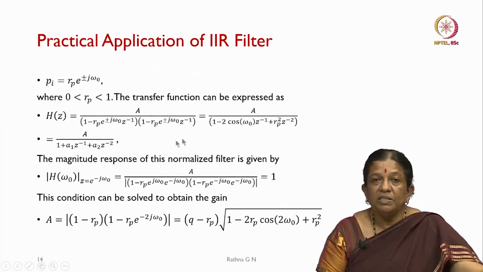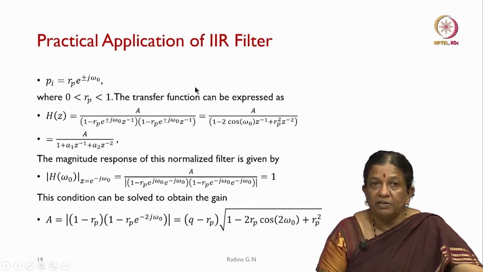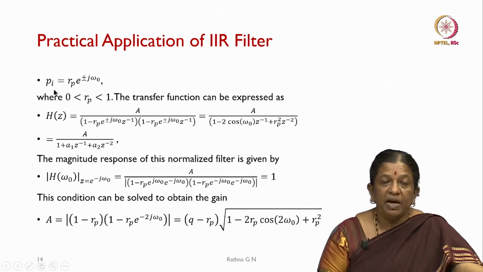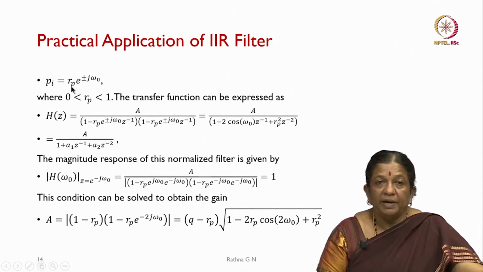So, what is the practical application of the IIR filter? Here we have considered pi as our pole positions, which is given by Rp, where R is the radius of the circle, times e to the power plus or minus j omega naught. Omega naught is the angular frequency we are considering.